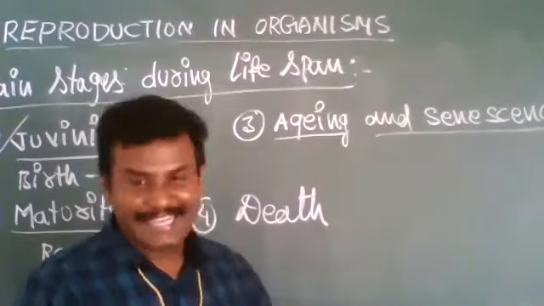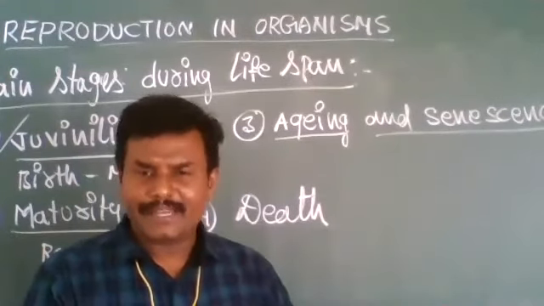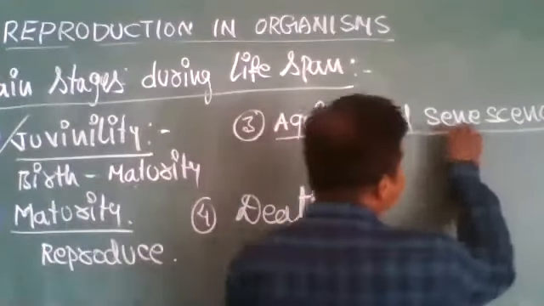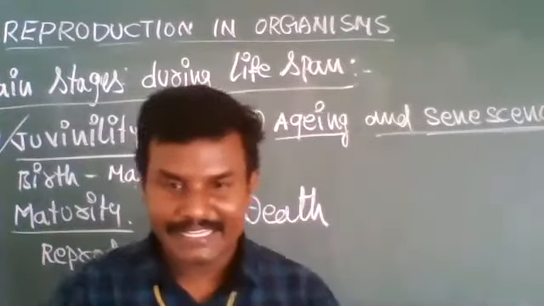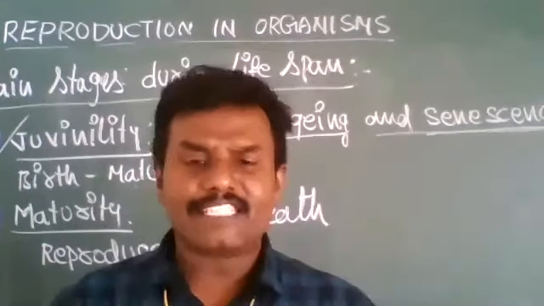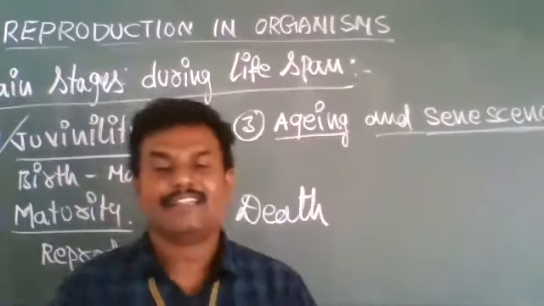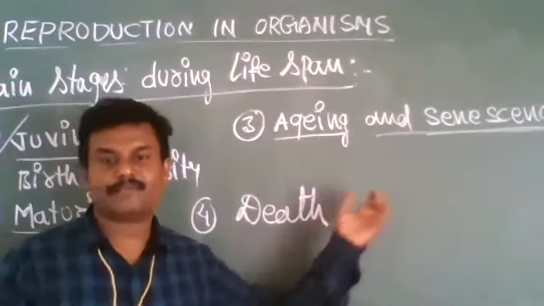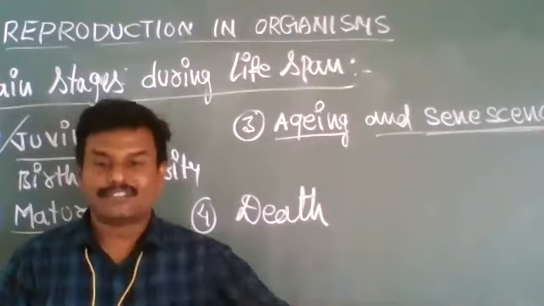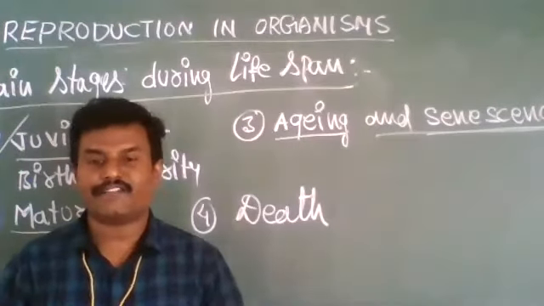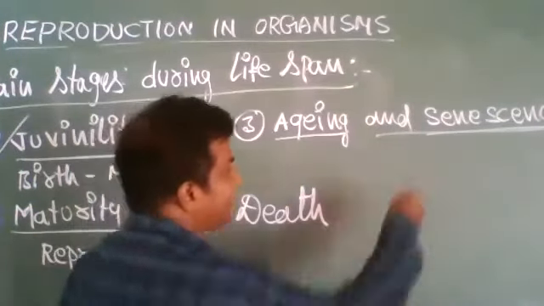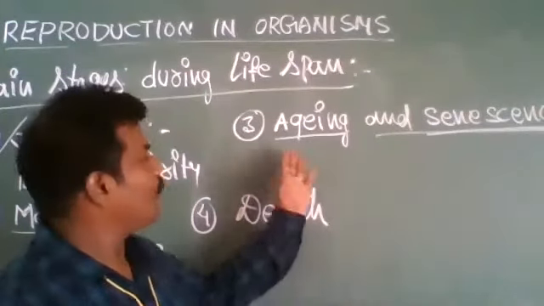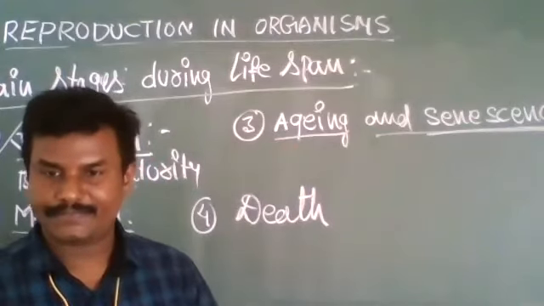That is called aging. The terminal irreversible stage of aging is called senescence. Irreversible means we cannot alter it.